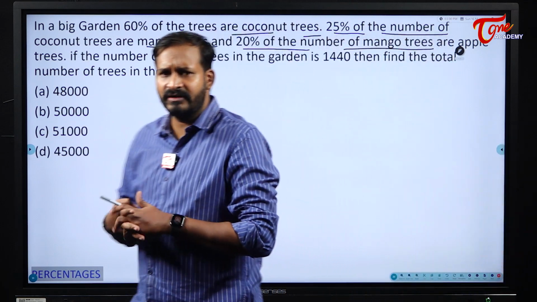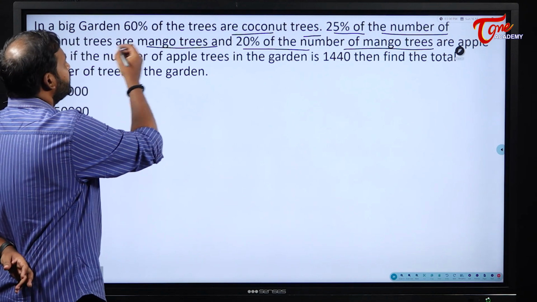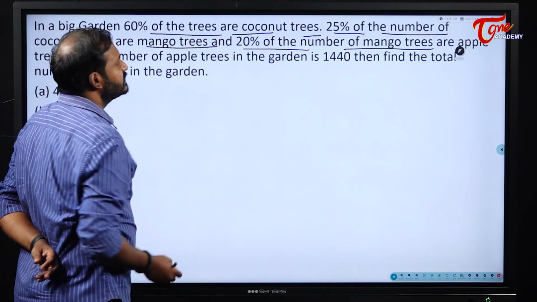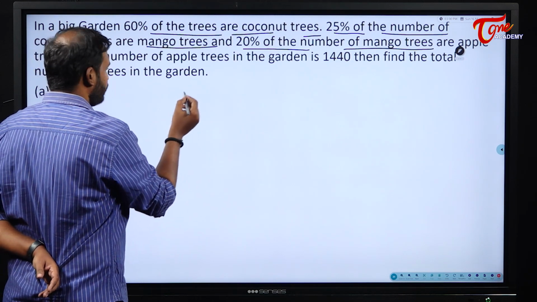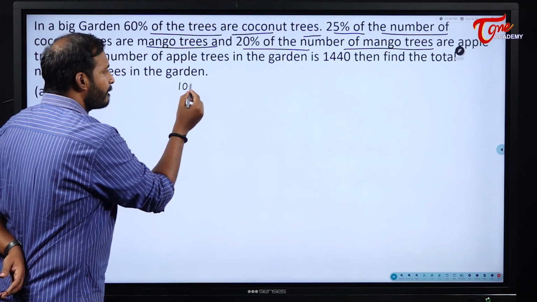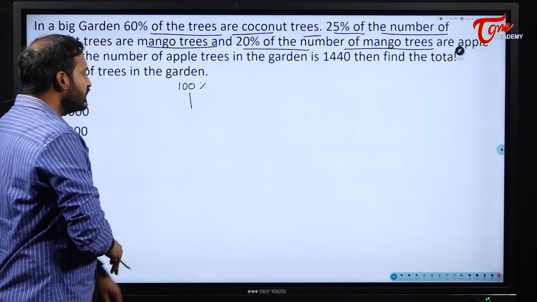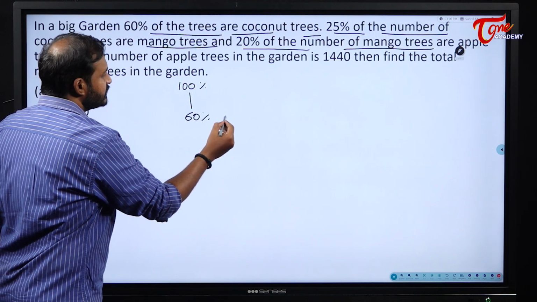See here, if we go with our traditional method, the garden has 60% of trees as coconut trees. For example, out of 100 percent, 60% is coconut.